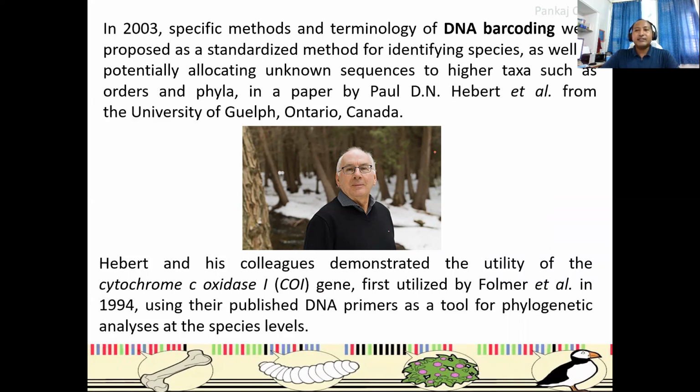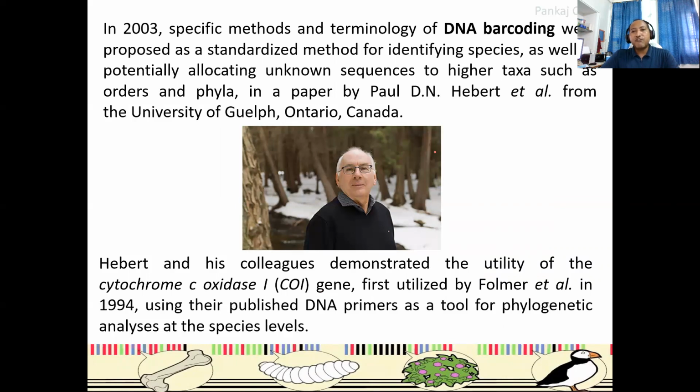It is not that Hebert was the first to use the cytochrome oxidase gene for species identification. Folmer et al. used this particular gene for species identification in 1994 itself.